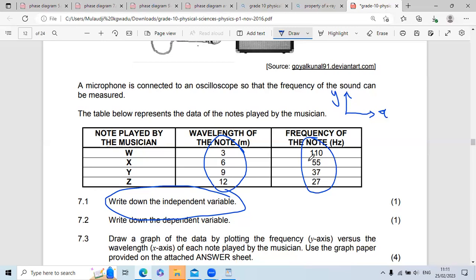So here the wavelength is going to be independent, the frequency is going to be dependent, and this is going to be the controlled variable.